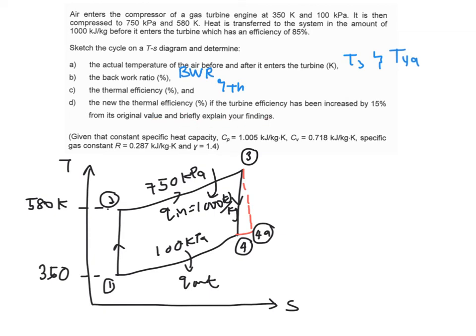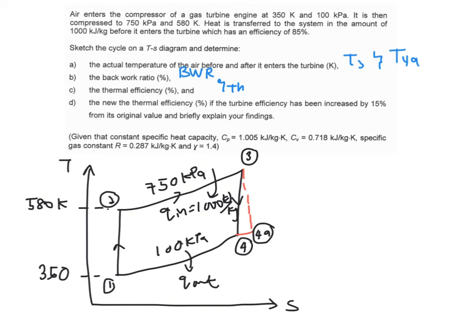Alright, so you need to think a little bit, right? So the first part, it says that you have 85% efficiency, and now if you increase the turbine efficiency by 15%, it means that 85 plus 15%, you are going to have 100% of work.